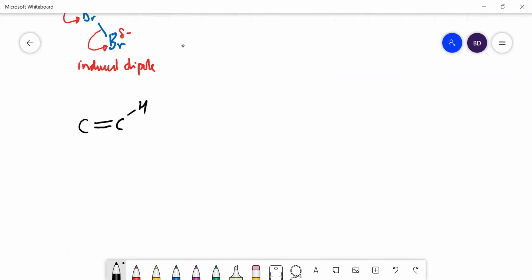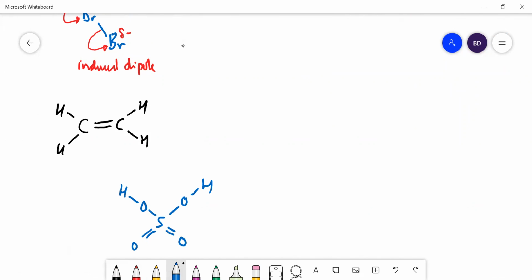So here we've got our ethene, and here's the structure of concentrated sulfuric acid. In this displayed formula, you're going to have two double bonds. That hydrogen is going to have a partial positive charge on it because the oxygen is more electronegative.